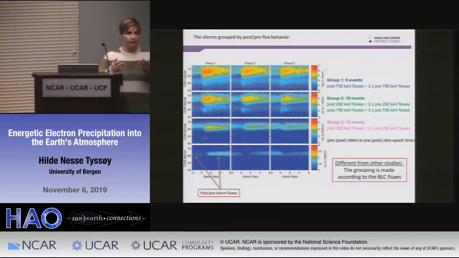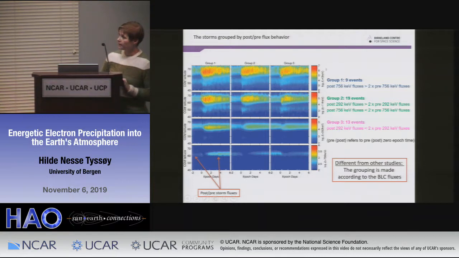And how would that then look in the particle precipitation? So we use the same kind of sorting as they do in the radiation belt, but different from the radiation belt study, this grouping is made on the loss cone fluxes. We're looking at what's being precipitated.